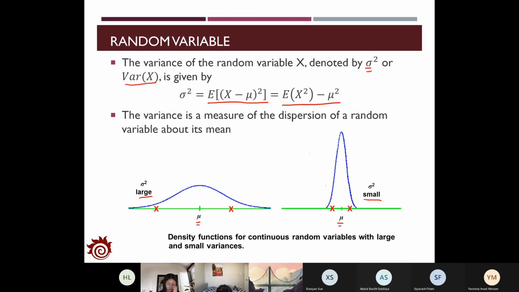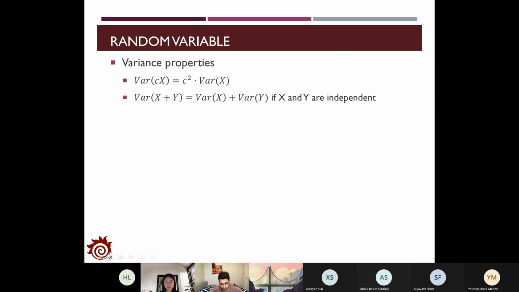A smaller variance means that the deviation of the random variable from the mean value is small and it is more concentrated. So you have this kind of spike for the distribution, but for the one on the left with large variance, it will be much flatter. So that's the effect of the variance, and it's also the reason why we want to measure the variance. It can give you the exact shape of the distribution.